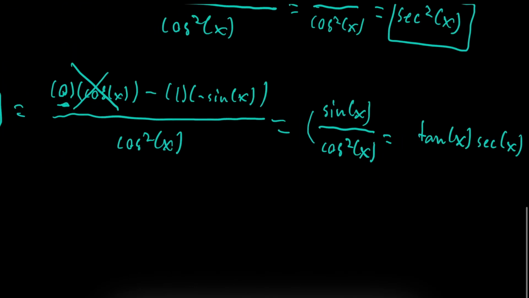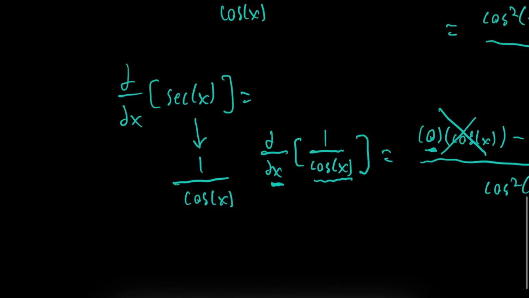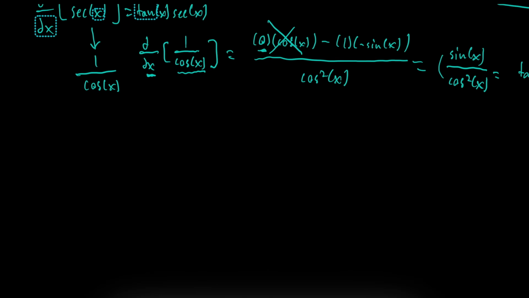So the derivative of secant of x is going to be tan of x times secant of x.